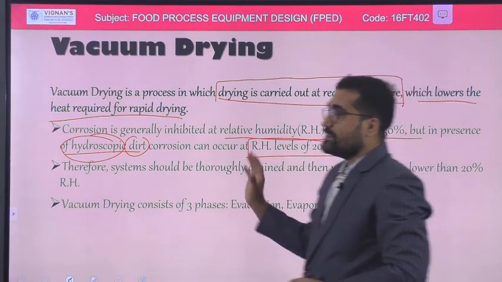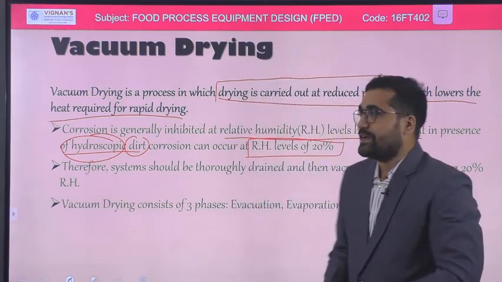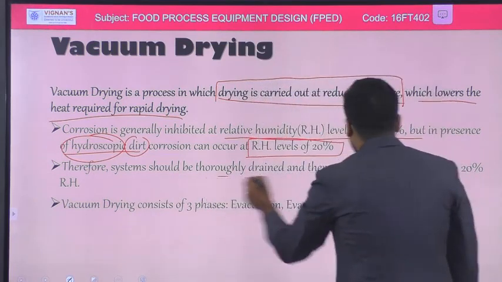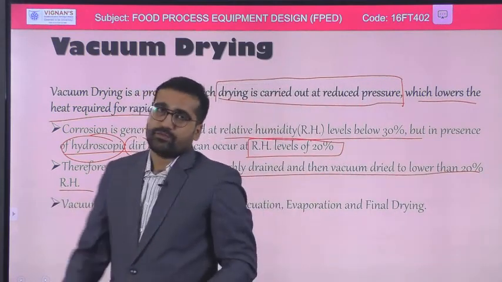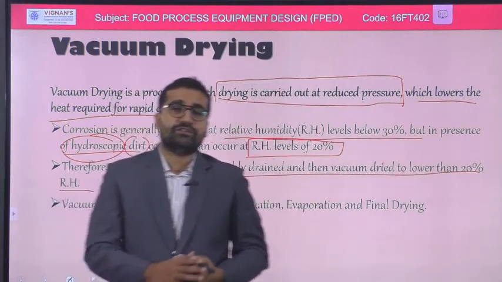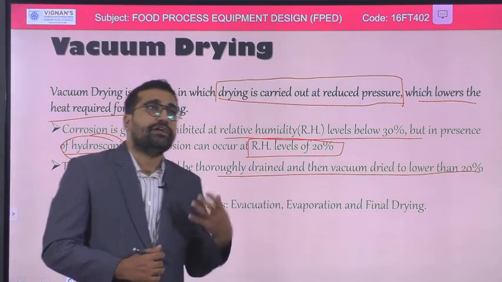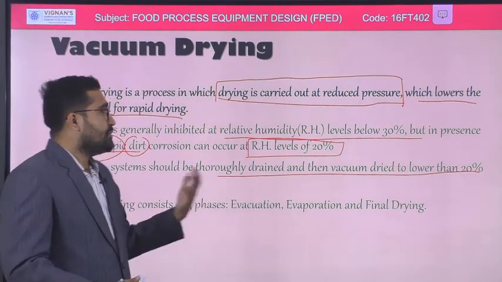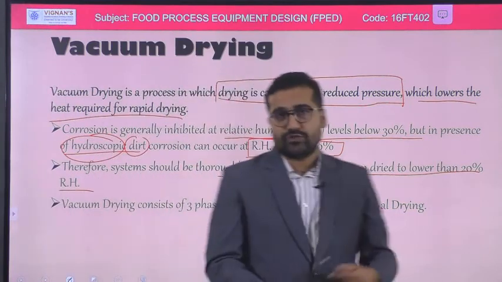That's why we recommend processing in the vacuum dryer at less than 20% RH. So the air we are supplying, or the RH we are keeping inside the vacuum dryer, should be kept below 20%, so that we can overcome the problem of corrosion.